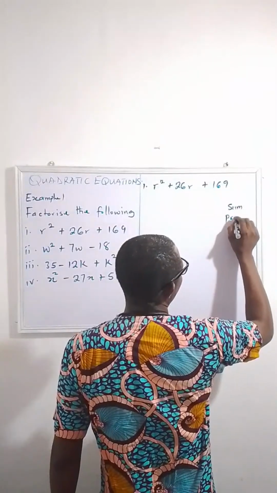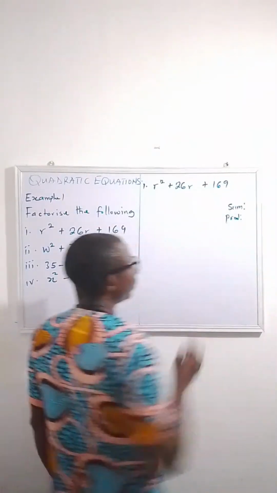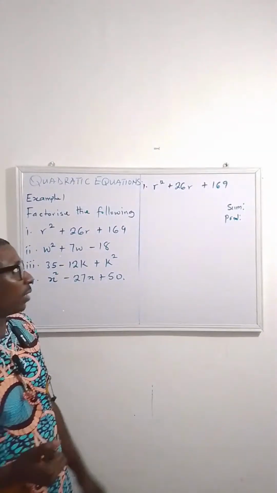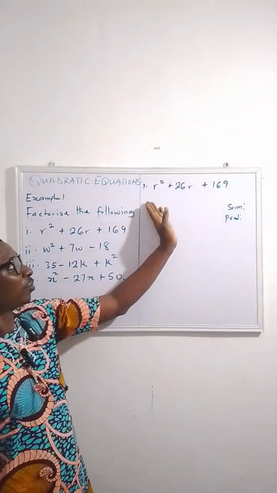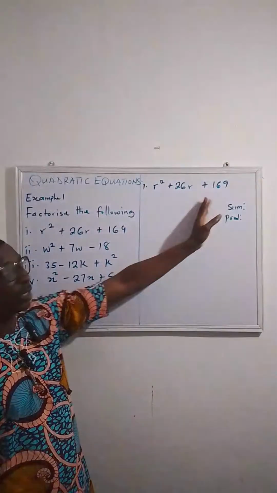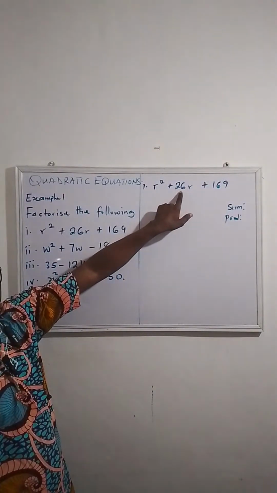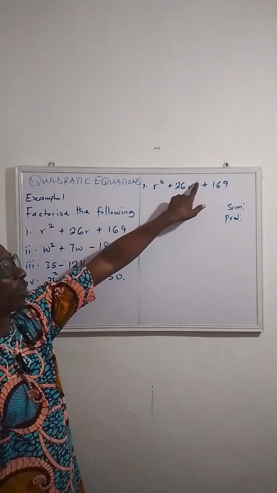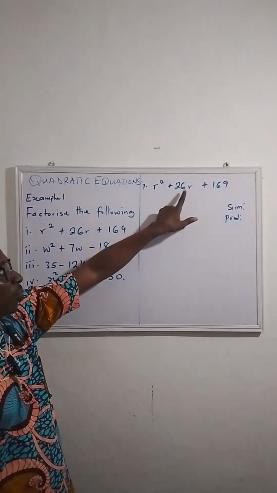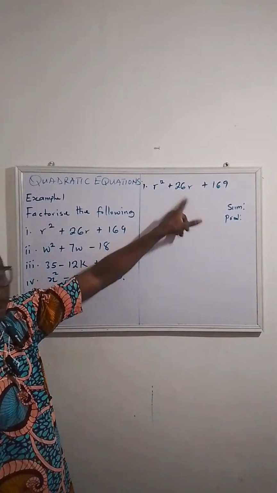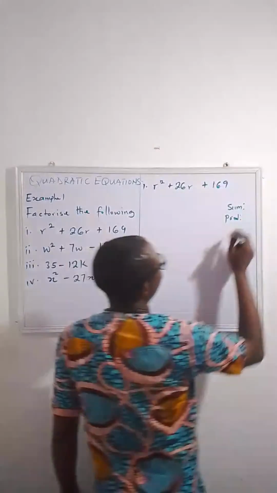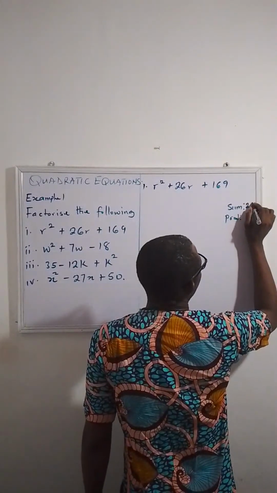Okay, in the last class, I told you that the sum of a quadratic expression of this form is the coefficient of r, the coefficient of the unknown with power of 1. The coefficient of r here is 26. So that is the sum, 26.